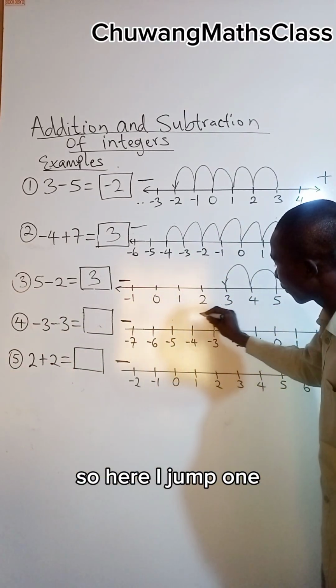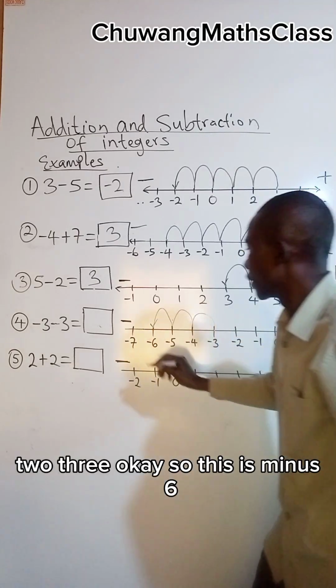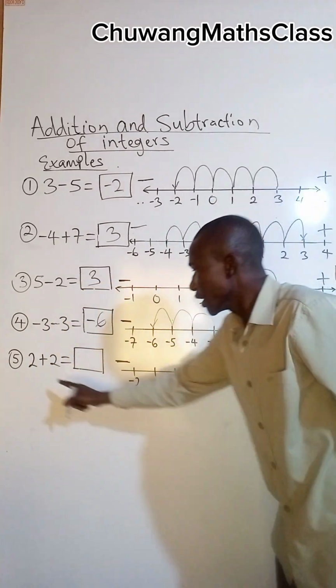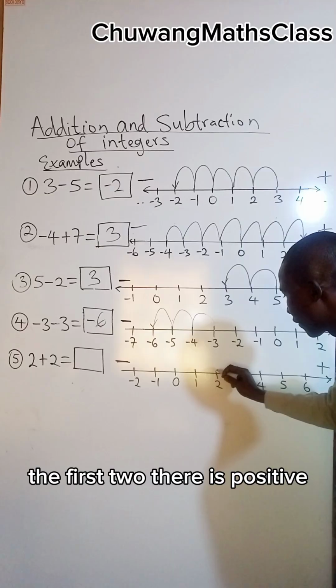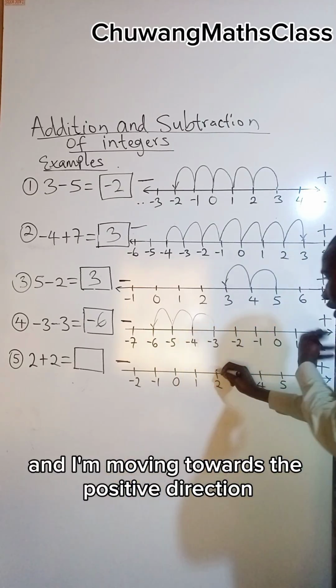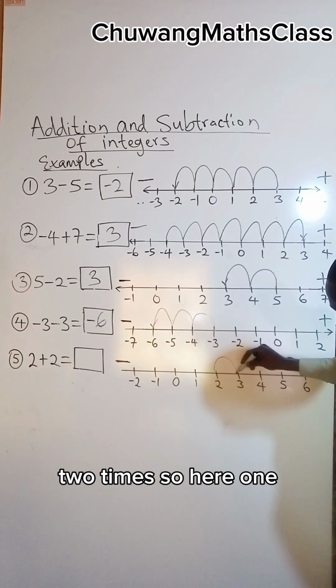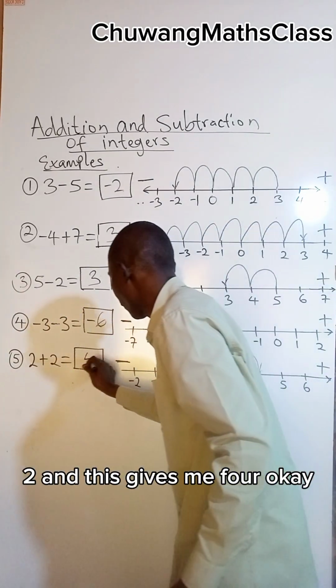So here I jump 1, 2, 3. So this is -6. Now this is 2 plus 2. The first 2 there is positive, and I'm moving towards the positive direction 2 times. So here 1, 2, and this gives me 4.